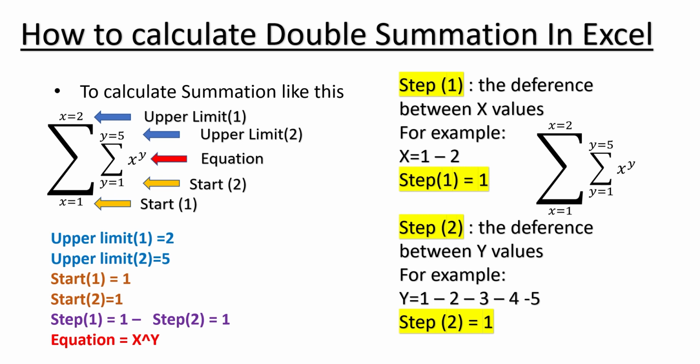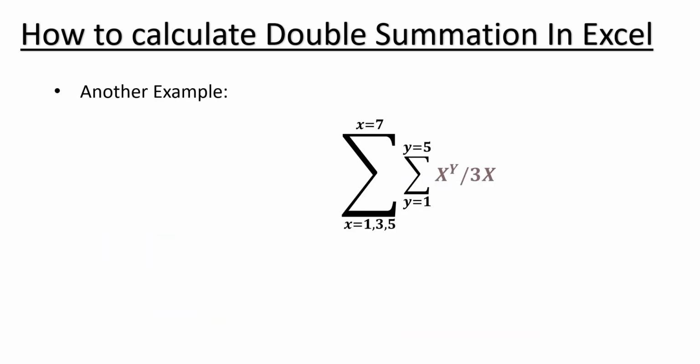So start 1 and start 2 are the lowest values which x or y take. Step 1 is 1 and step 2 is 1, and the equation is x power y.